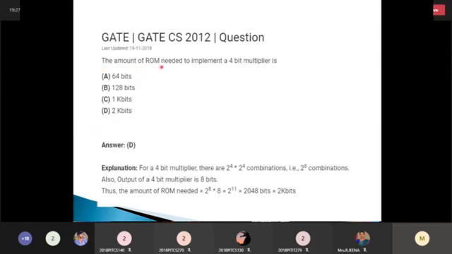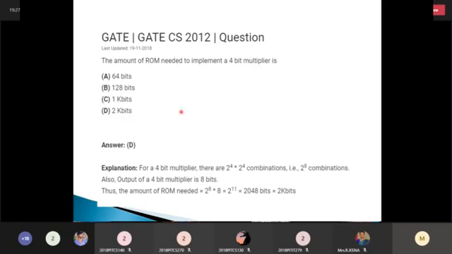So next, the amount of room needed to implement a 4-bit multiplier is 64 bits, 128 bits, 1 kilobits or 2 kilobits.